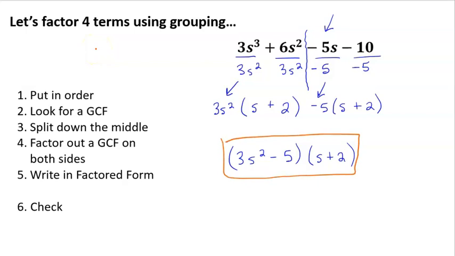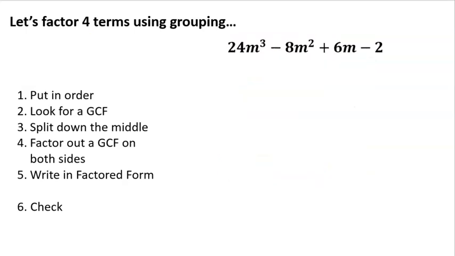And now let's go ahead and do one more. So this is our last one. And notice that I have a GCF in the entire problem. So I can factor out a 2 out of all of these. So this is going to go out to the side, and then I'm going to go ahead and divide.